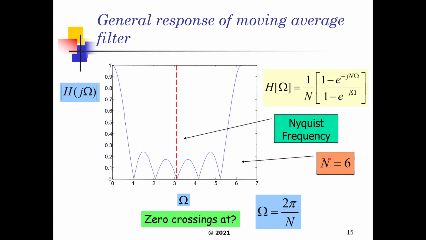So in this particular case, where n is equal to 6, the zero crossings will actually occur at 2 pi divided by 6, which is basically pi on 3. And the Nyquist frequency is going to be matching such that the response here needs to be symmetric. So we can see that the Nyquist frequency for this filter is going to be somewhere around 3 accordingly on our x-axis for capital omega.